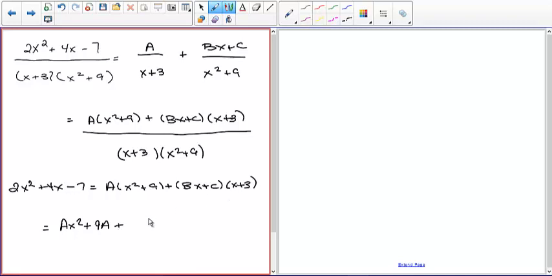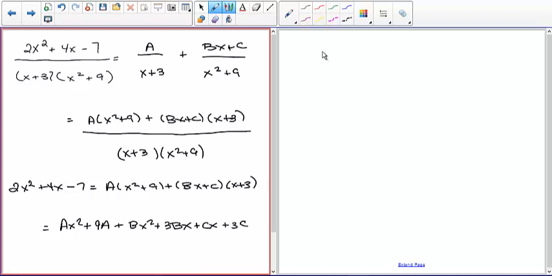And from the second product, we'll get Bx squared plus 3Bx plus Cx plus 3C. So this times that is that, that times that is that, that times that is that, and that times that is that.